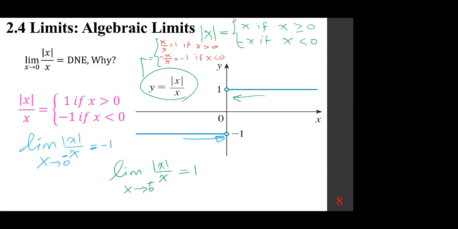Okay. I hope everybody is okay with this. So the limit doesn't exist. There is a reason for that. So the purpose of this question, I wanted to make sure that we are reminded of what? We are reminded of a very simple thing, and that is the absolute value and the definition of the absolute value. Okay, everybody? As long as we know the definition of an absolute value, we are in good shape.